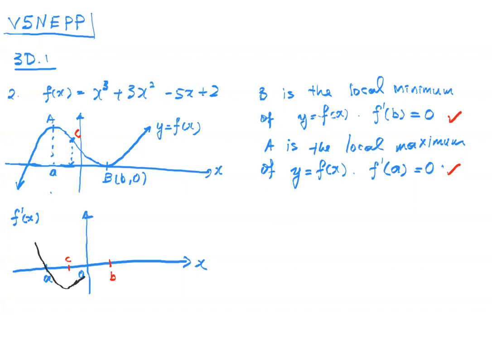I don't know how it goes. After that, negative. Oh, no. It will go like this. It will turn, then it will just go up like that. Am I right?